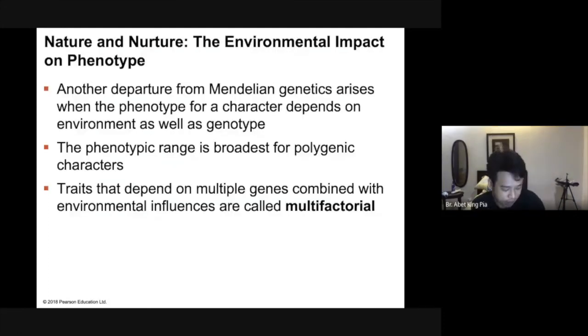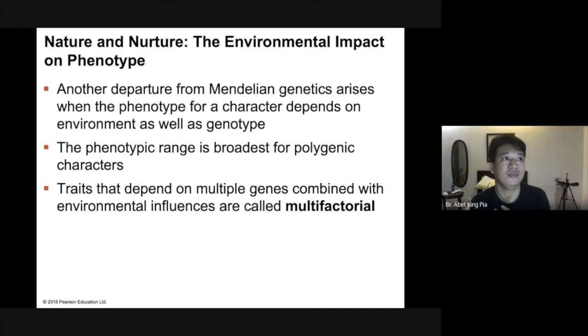So, another departure from Mendelian genetics arises when the phenotype of a character depends on environment as well as genotype. So, there are some characteristics kasi na, halimbawa, yung skin color, hindi naman ibig sabihin na if you have the genotype for a brown skin, yun na talaga yung lalabas sa'yo. Kasi depende naman sa environment mo. Say, paano kung sobrang init ng environment?